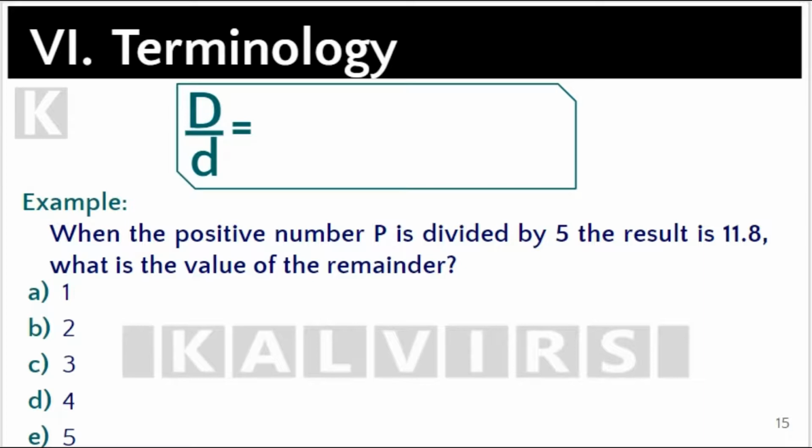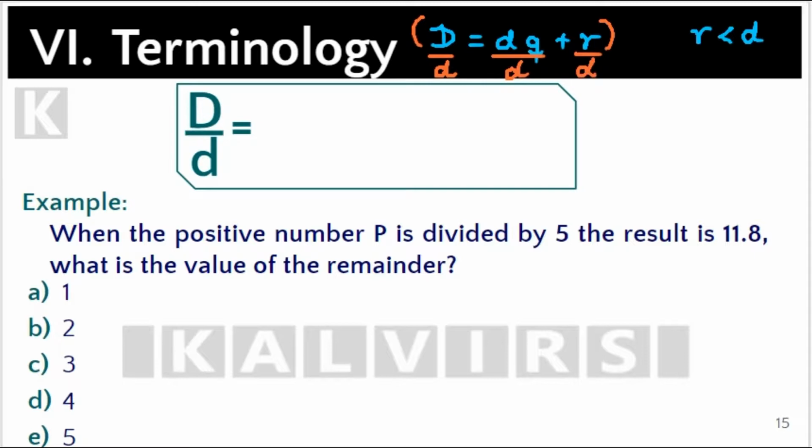The division formula states that the dividend is the divisor times the quotient plus the remainder. And also, we know that the remainder is always smaller than the divisor. Here, what happens when the general formula is divided by the divisor? If we divide everything by the divisor, we get the following. Something like this. Over the divisor, and over the divisor.